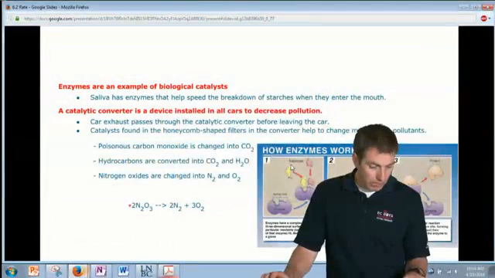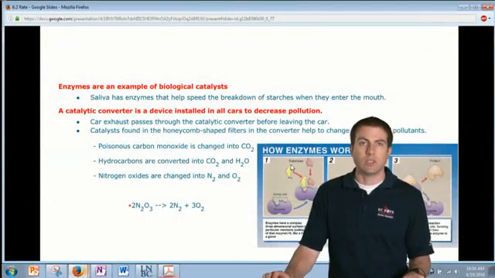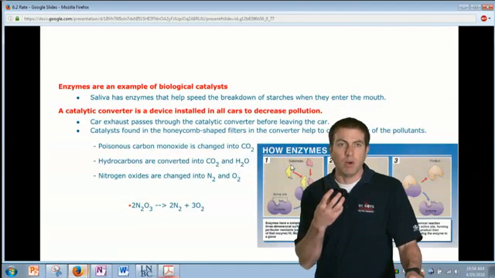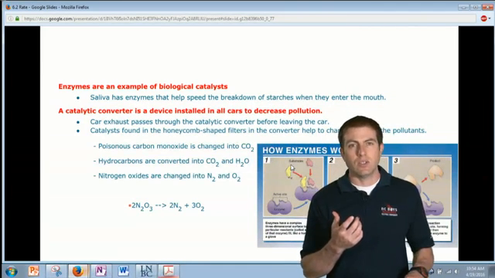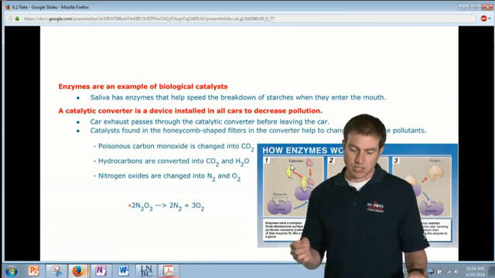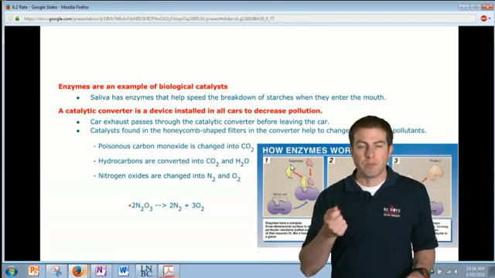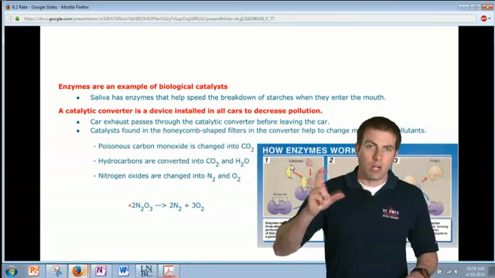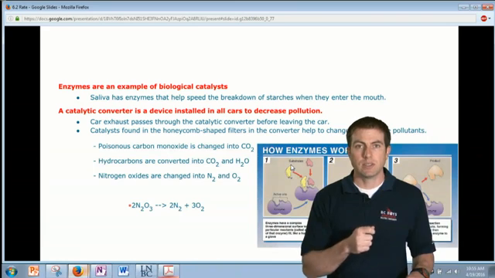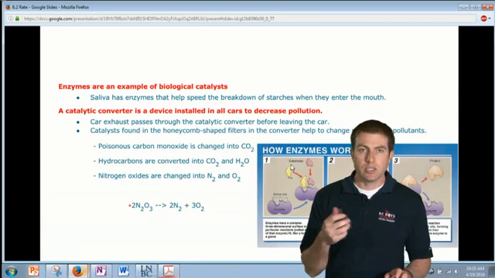The example we have here in the notes is salivary amylase, which is produced in your mouth. When you were in grade 8, I think you talked about body systems, and you might have actually done this. And if you haven't, it's kind of interesting. A piece of bread has really long carbohydrate chains. If you break down carbohydrates into smaller and smaller pieces, they turn into sugars.